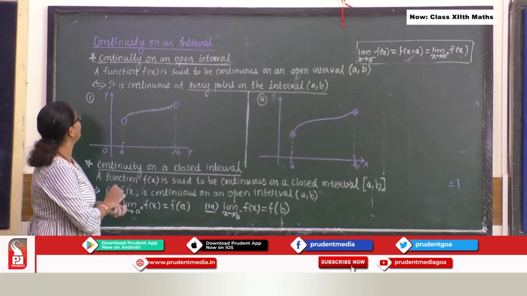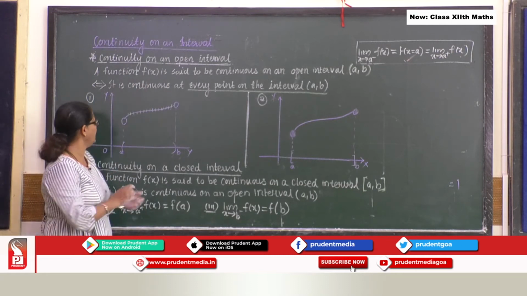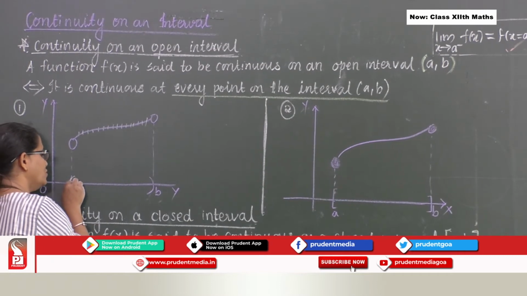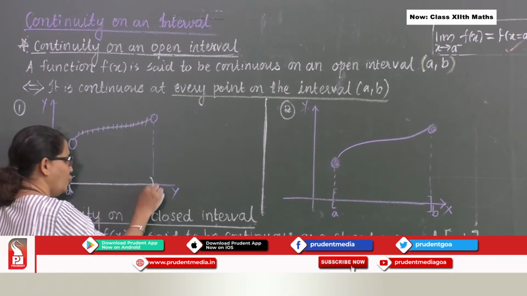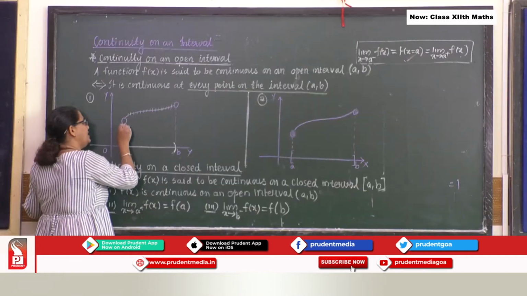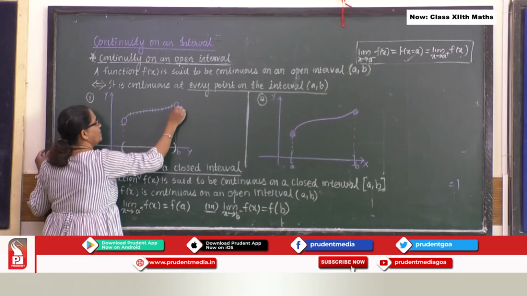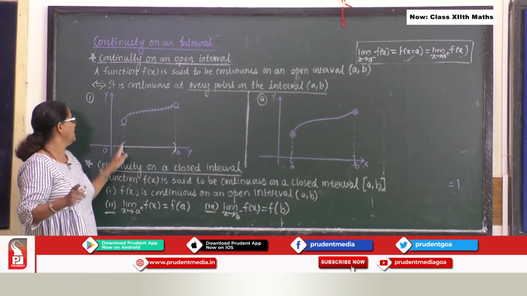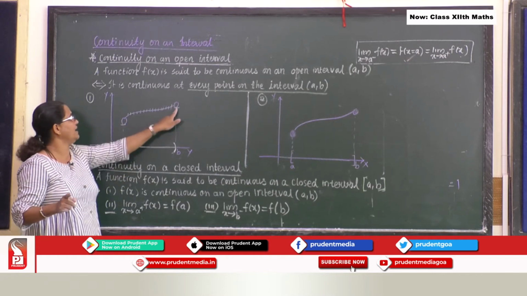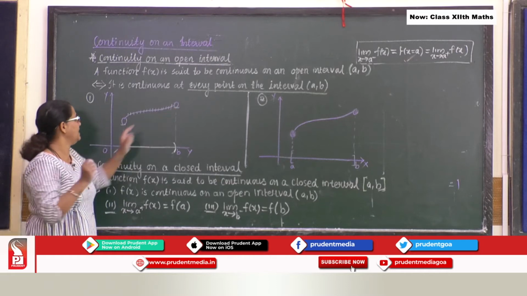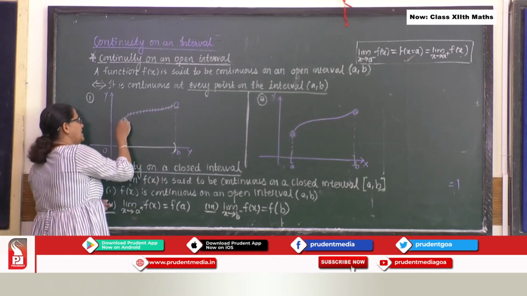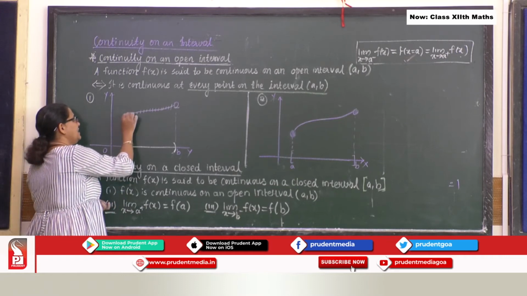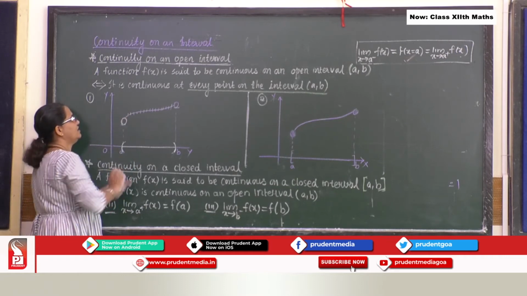So over here when we talk about open interval, we take all the values from A to B, but we don't take A and we are not taking the value of B. We are excluding x equal to A and x equal to B, and that's why you can see I put a circle where I didn't shade this particular inner part.